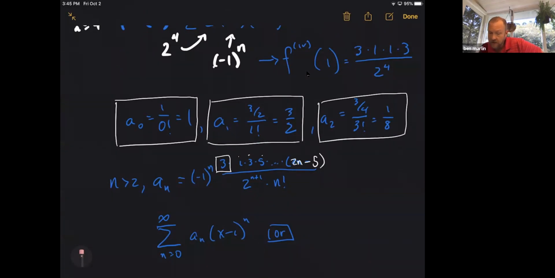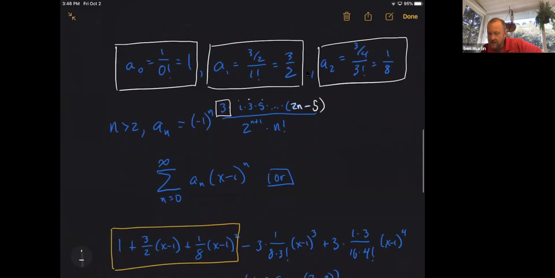So that, then the other part that we'd already figured out, the 2 to the n minus 1 power, n plus 1 power, and then the n factorial comes in because that's just part of our Taylor series definition, okay?